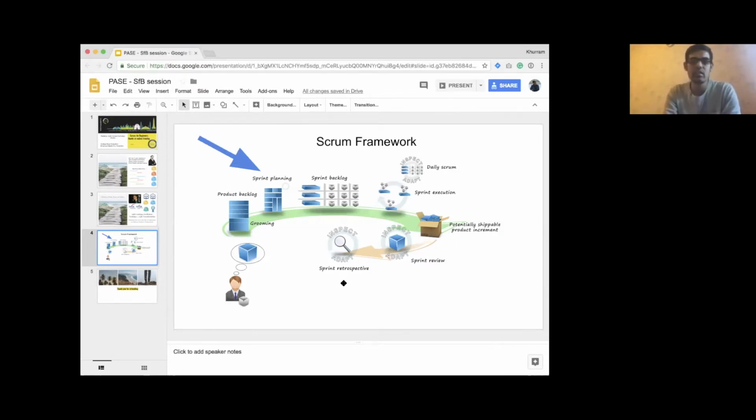There is another addition that some companies use, called the product backlog refinement meeting, where the development team has a discussion with the product owner to understand what needs to be done in the next upcoming sprint. The product backlog is a list of items that the product owner wants the development team to work with.